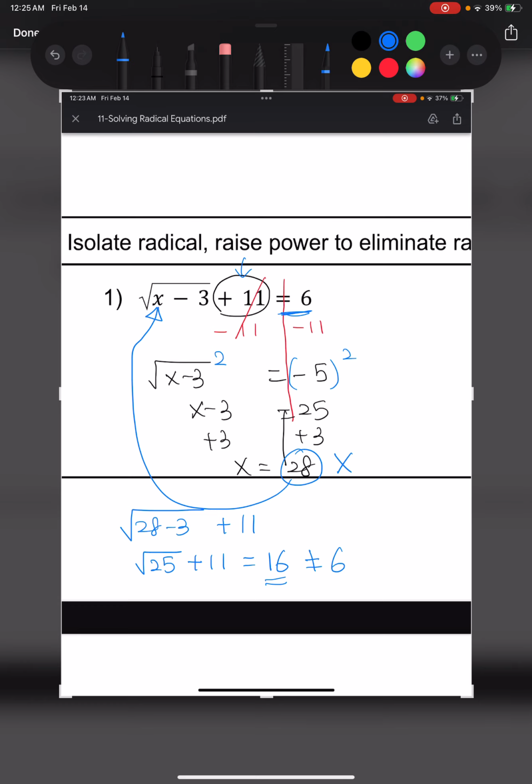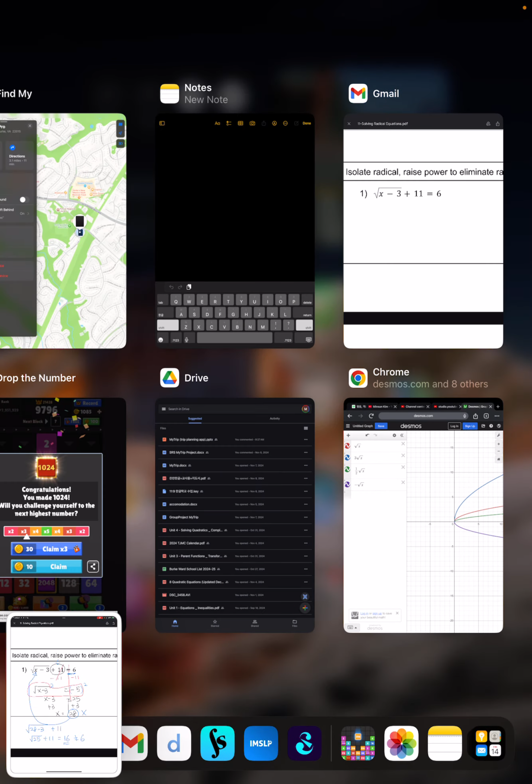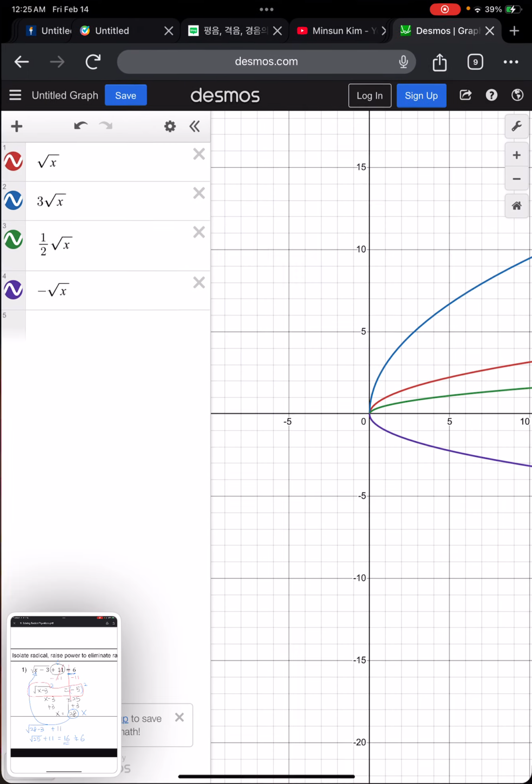So the reason why is you need to look at the previous step right here. Once you isolate your radical, you see square root of x minus 3 equals negative 5, which doesn't really make sense because we can go back to the Desmos calculator and I can explain that way.